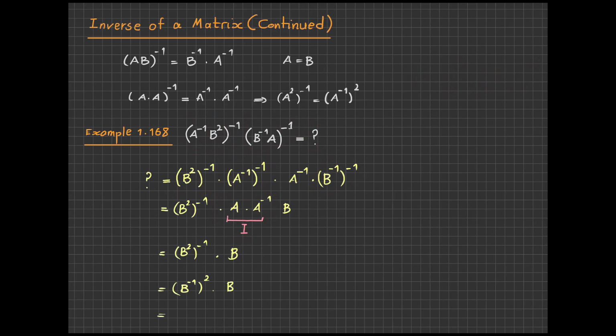But what is the meaning of b inverse to power 2? b inverse to power 2 means multiplying b inverse by itself 2 times, yes? So instead of b inverse to power 2, I wrote b inverse, but this one is now what? Identity matrix. So this becomes b inverse times the identity matrix, and the answer finally becomes b inverse. So the answer to the question mark is just b inverse.